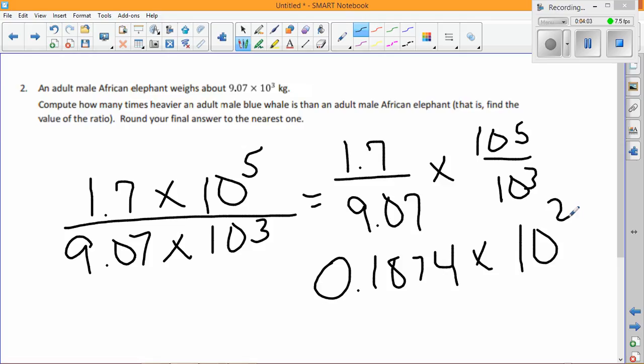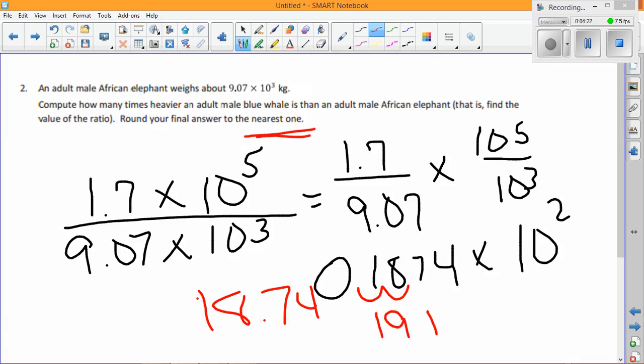And basically all that 10 squared is telling us to do is move the decimal place 2 powers of 10, so 2 spaces. So we'll get 18.74, and it asks us to round to the nearest 1. So we'll round that to 19 times larger.